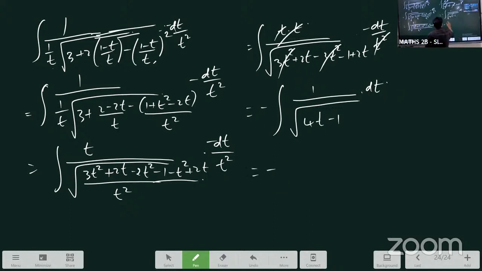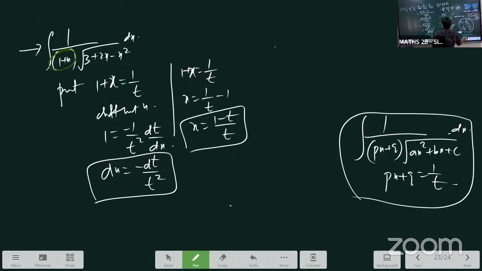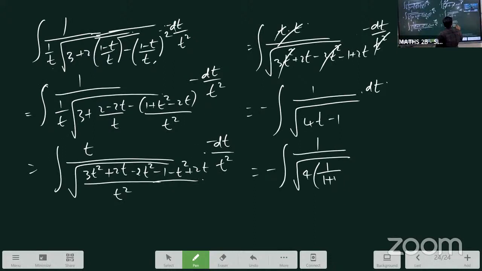Now minus integration of 1 by under root of 4 into t, but what is t? Your t is nothing but 1 by (1 plus x), correct? So t is nothing but 1 by (1 plus x) minus 1, dt. That is minus outside as it is, right?